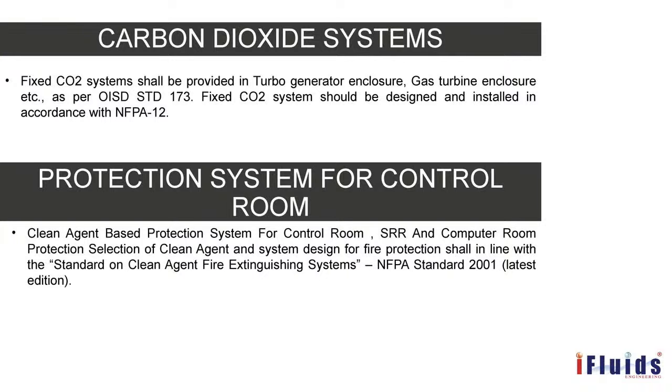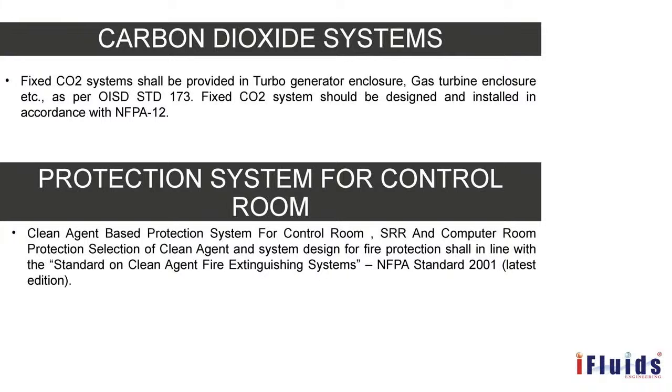The same fixed CO2 system should be designed and installed in accordance with NFPA 12. All these things are the minimum or mandatory requirements stated in OISD 116 with respect to the carbon dioxide fixed system. If you are installing this carbon dioxide fixed system, then you have to refer to OISD standard 173 and NFPA 12 with respect to turbo generator enclosures and gas turbine enclosures.